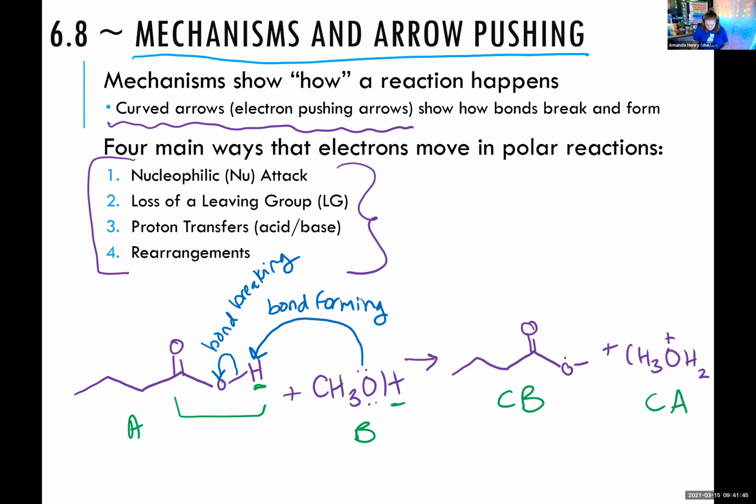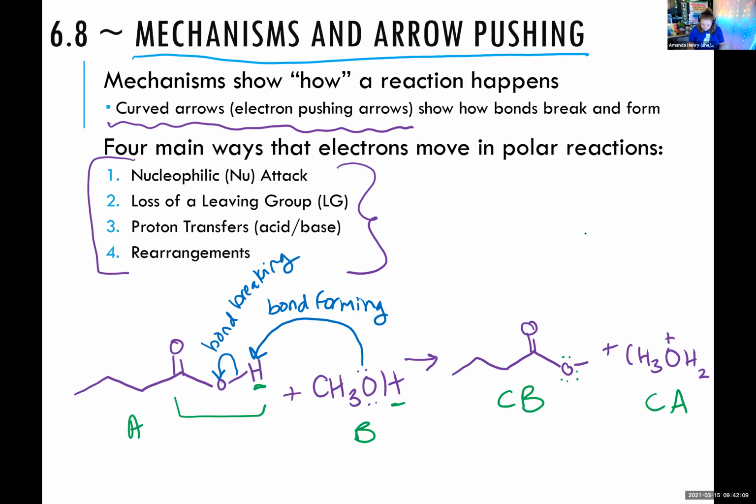So our conjugate base has an extra lone pair on it. That's because the electrons in that bond are now a lone pair on that oxygen. And our base, now our conjugate acid, has that extra hydrogen bonded to it.